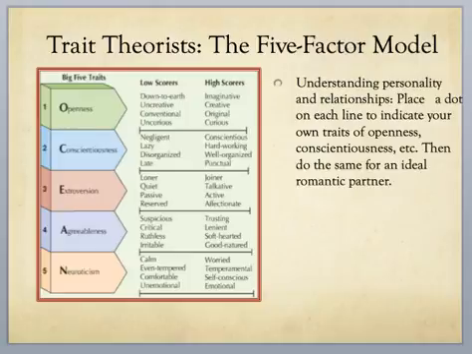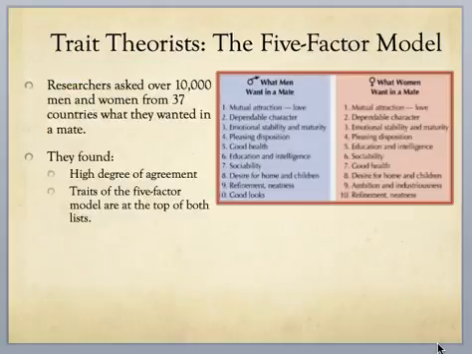And then they came up with the idea that just because we have this trait doesn't mean it's going to present the same in each situation. So the trait situation interaction impacts how we show that. So assume that someone is extroverted and they might talk a lot, they might laugh, they might talk to strangers and tell jokes at a party and engage with others, and they would do this at a party.